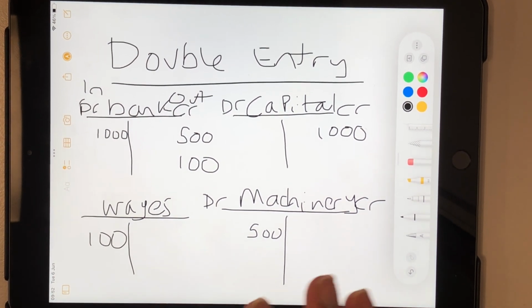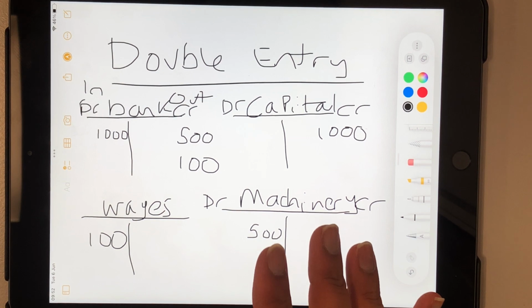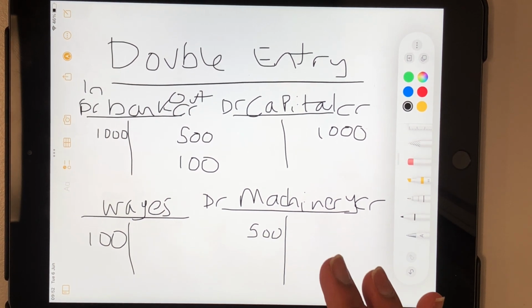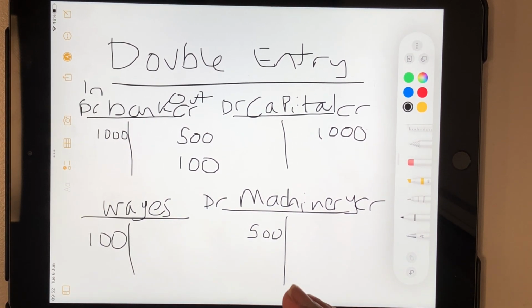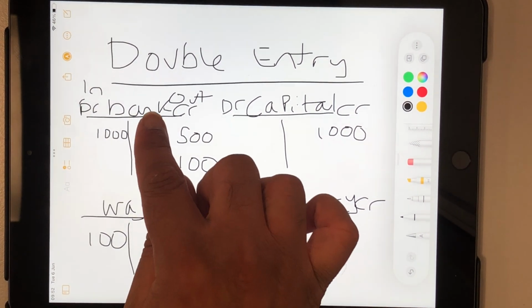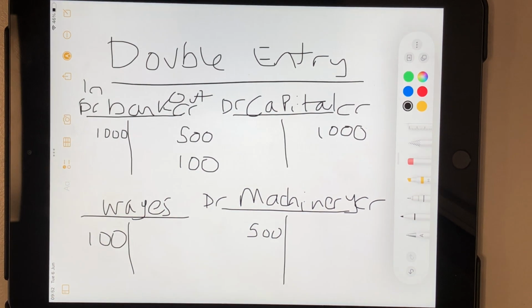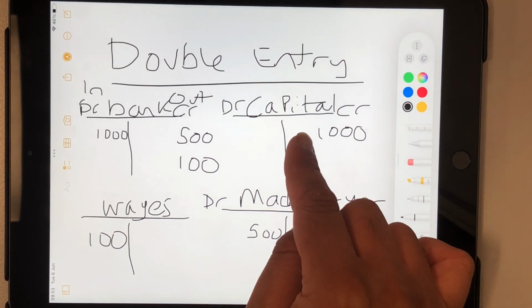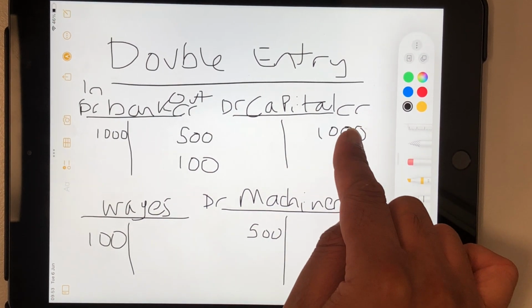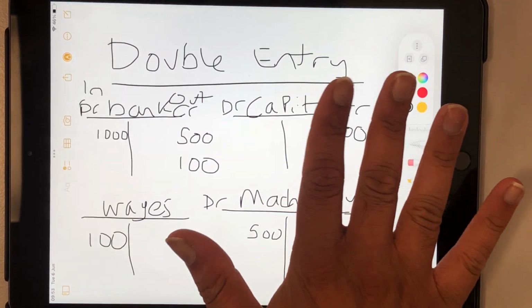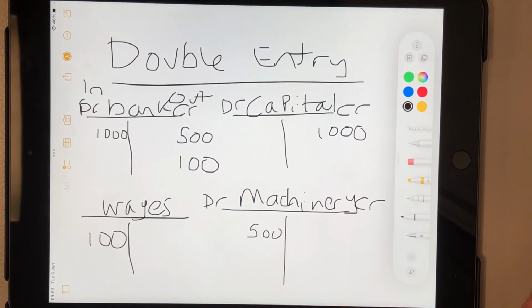Now that's a simple way of showing double entry. And like I said, the difficulty with this is students start to think about their own bank account. It's not, it's a business account. Capital reflects the investment that you put in. That won't change. That will stay at £1,000. If I was to ask you now, the £1,000 that you put in, where has it gone?